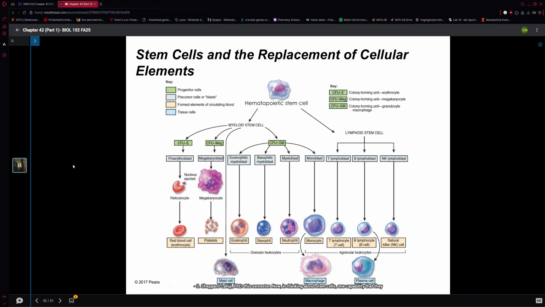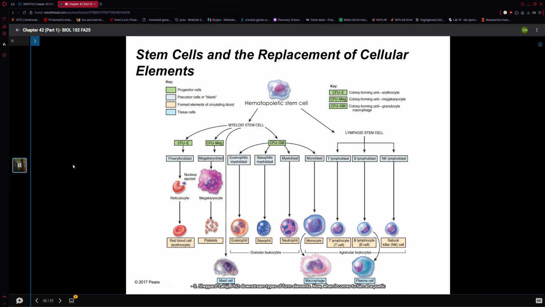Now, in thinking about stem cells, one capability that they have is the ability for self-renewal. And we definitely want HSCs to have this property because we want to be able to give rise to all of those downstream types of formed elements.